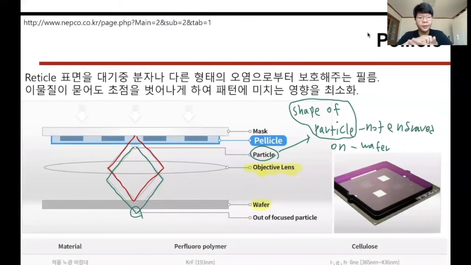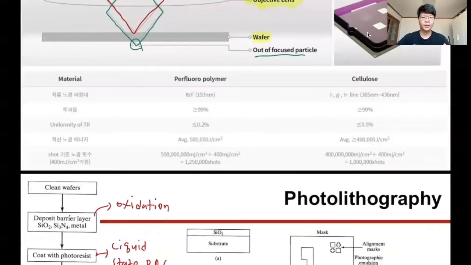If particles are on the pellicle, then when we expose to the wafers, the particles would be out of focus at the wafer, so the shape of the particles would not be engraved on the wafer. It is very important.